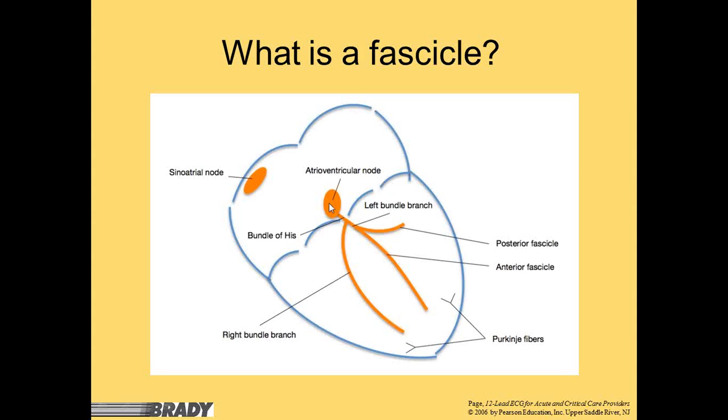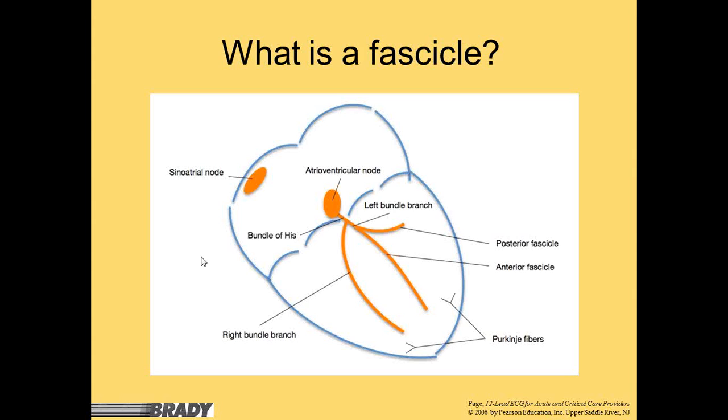So that AV node holds that electrical impulse, and then it shoots it down this bundle of His, which basically is the base of the AV node, so to speak. It's very short. And that bundle of His brings that electricity down into the septum of the ventricles, and from there it branches off.